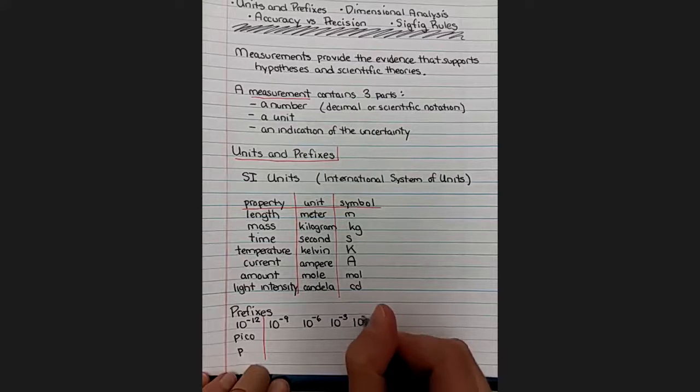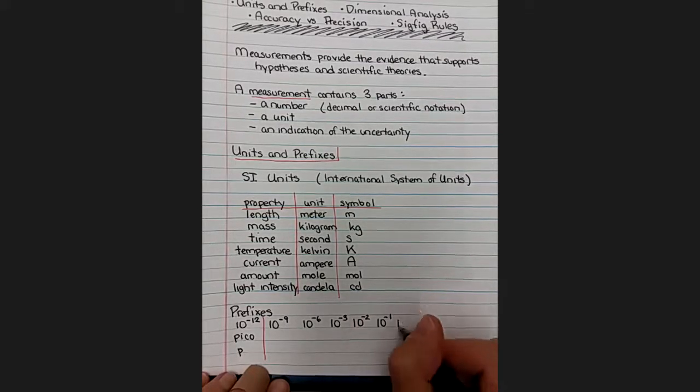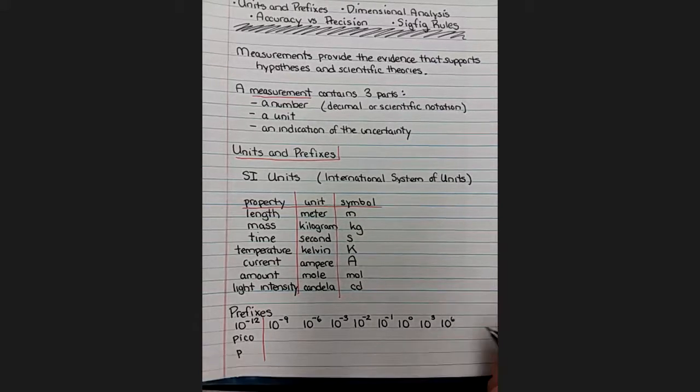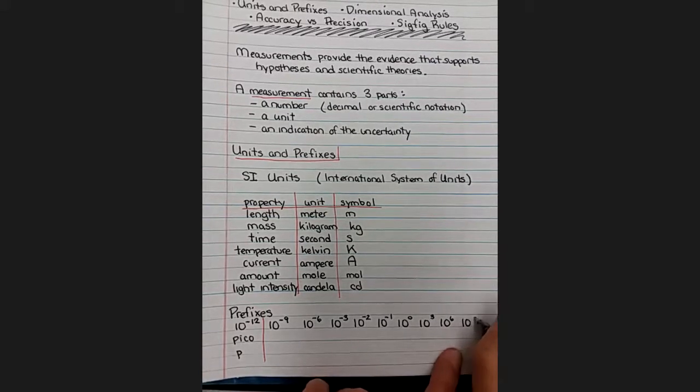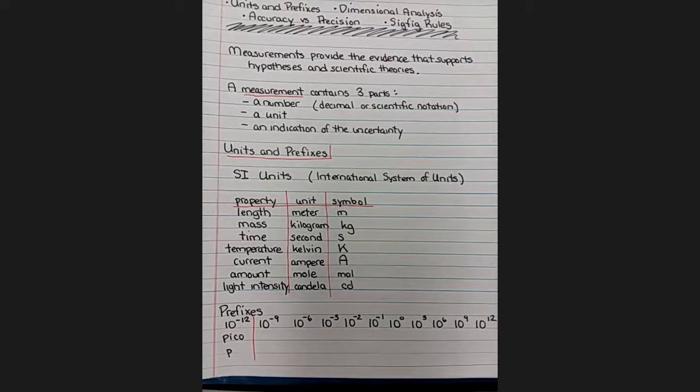We'll throw in another couple here, negative 2nd and negative 1st, because we use those numbers a lot. 10 to the 0, and then we'll do some prefixes for things bigger than the standard units: 3, 6, 9, and 12. Trying to plan ahead on my paper here.